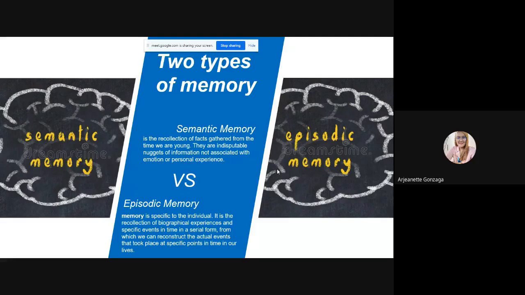How about the episodic? So, si episodic naman is specific to the individual. It is the recollection of the biographical experiences and specific events in time in a serial form.